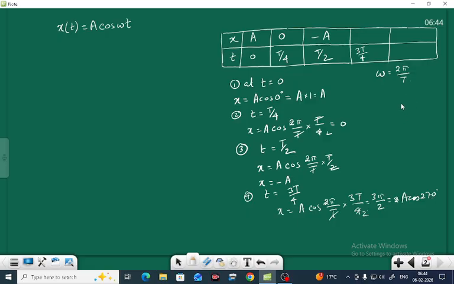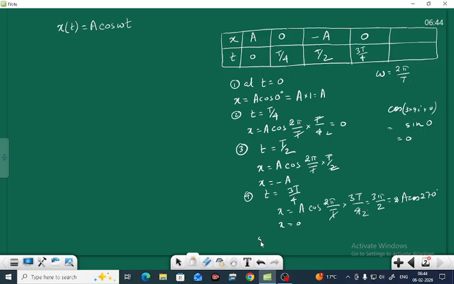You can write it as cos of 3 into 90 degree plus 0. Since it is 3 into 90, the cos will change into sine. It is changing to sine 0, and sine 0 means the value is 0. So the value here, x is equal to 0, right?